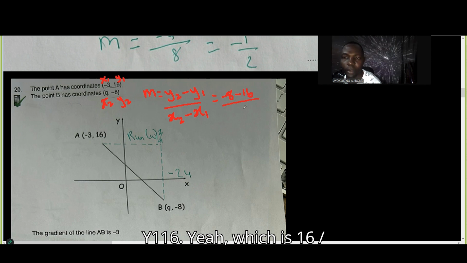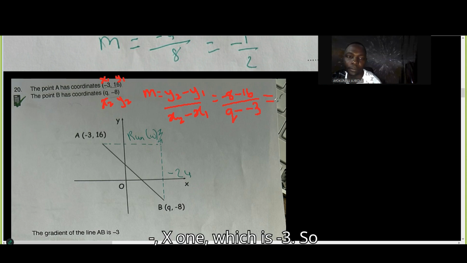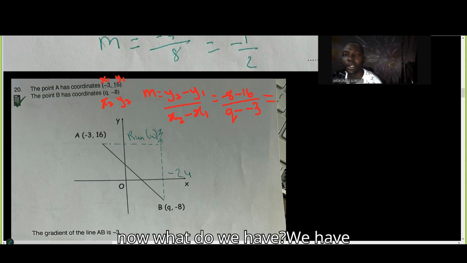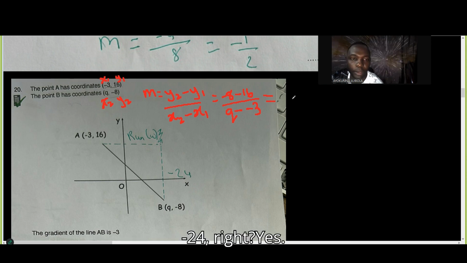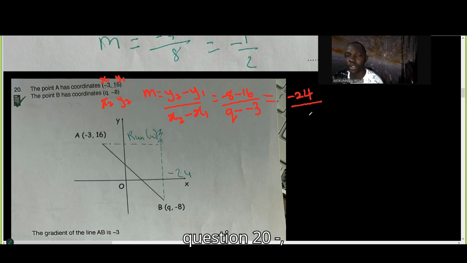Which is 16, over x2, which is Q, minus x1, which is minus 3. So now what do we have? We have minus 24, right? Yes, on question 20. Minus 24 over Q plus 3.